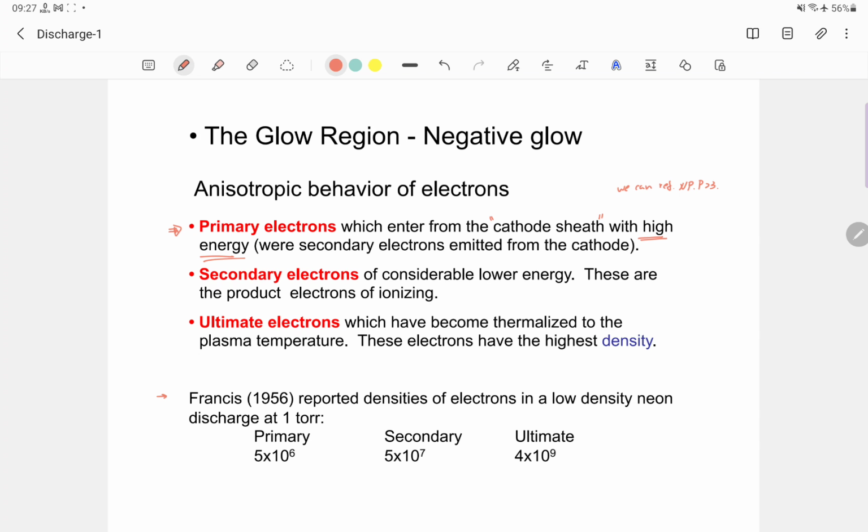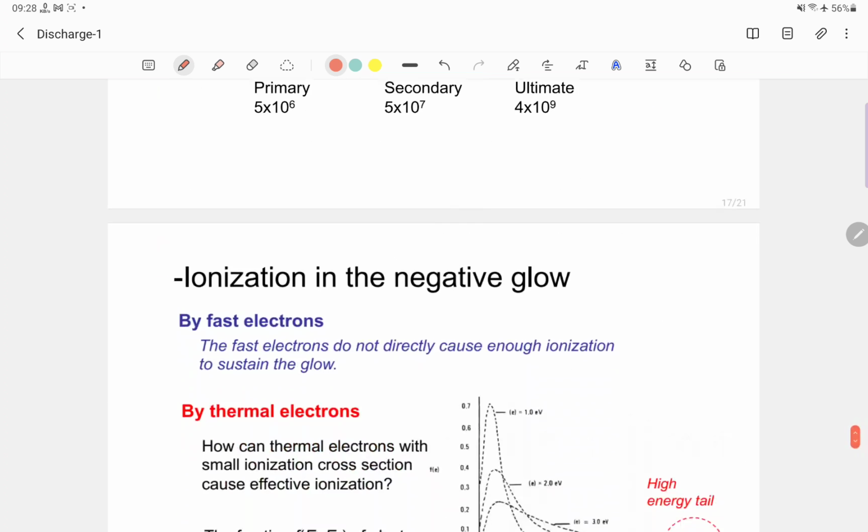So per cubic centimeter, the number of primary electrons is 10 to the 6, secondary electrons are 10 to the 7, and thermal electrons are 10 to the 9. So in the negative glow, most of the electrons are thermalized, thermal equilibrium electrons.